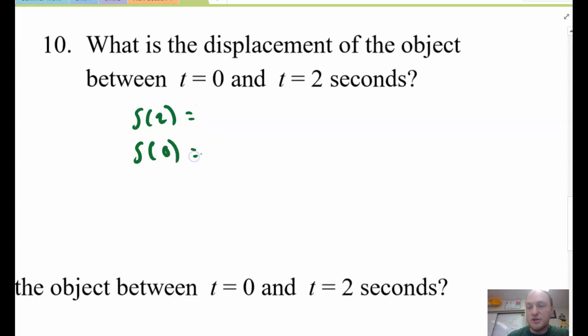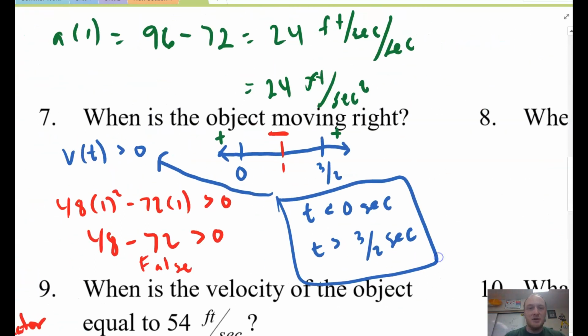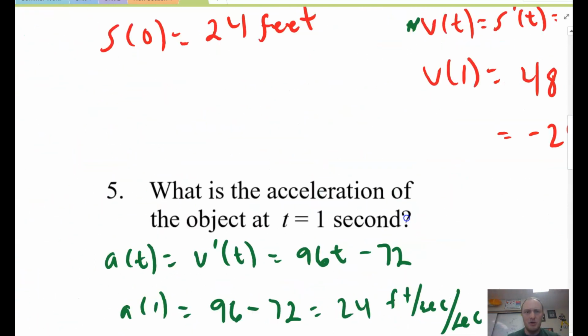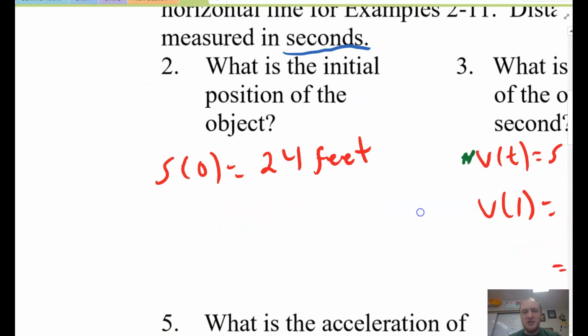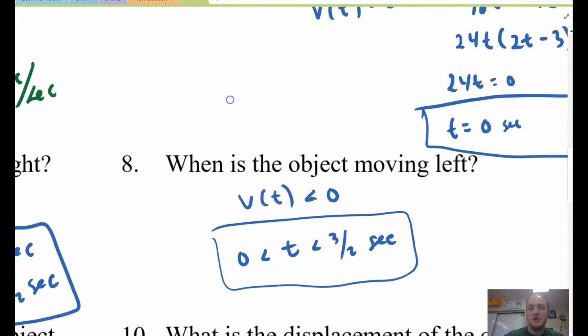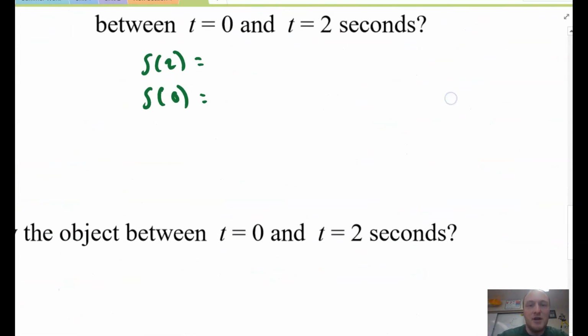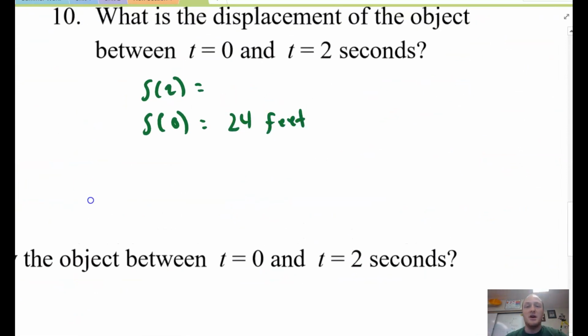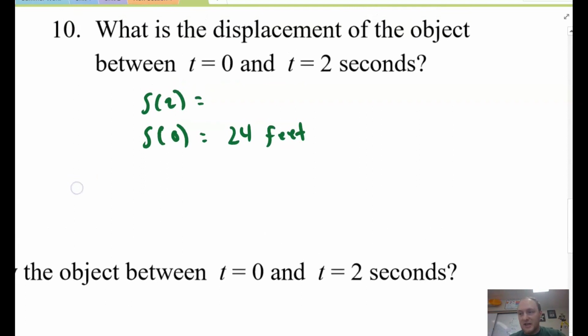What was the initial starting point? And remember back to problem number 2, we said the initial position was 24 feet. So part of this problem is already done for us. I know that the initial position was 24 feet, and now all I'm going to do is calculate the function at 2.